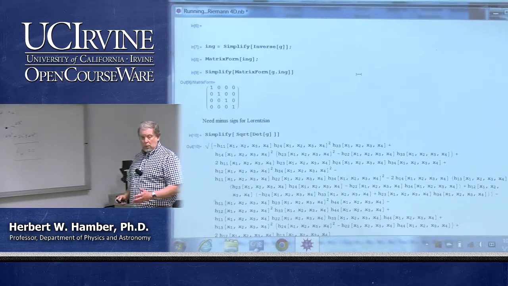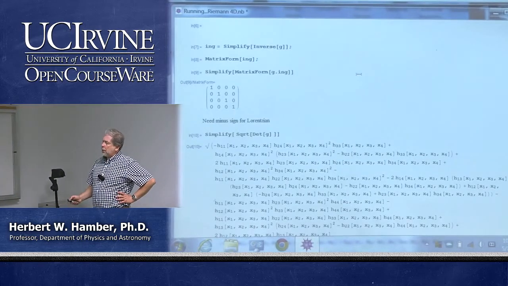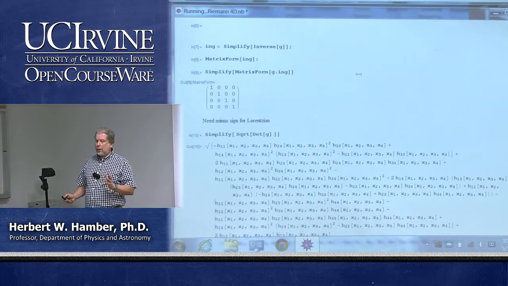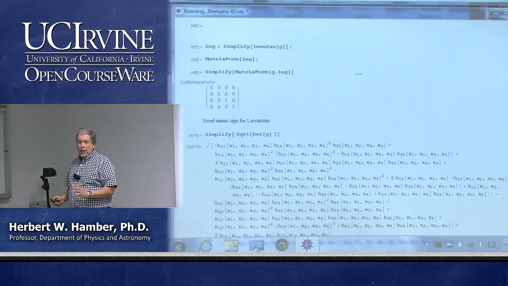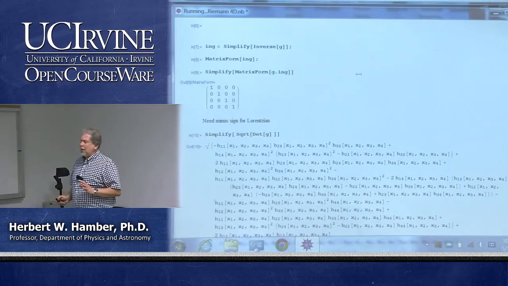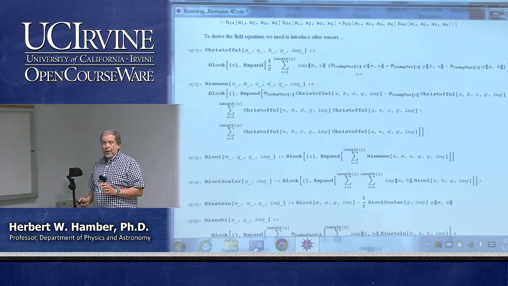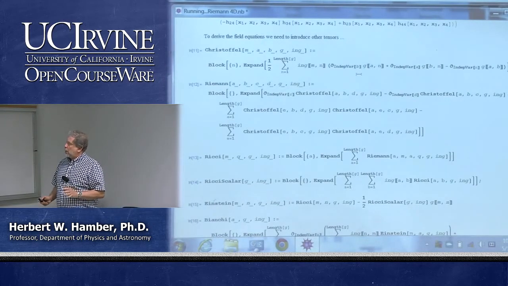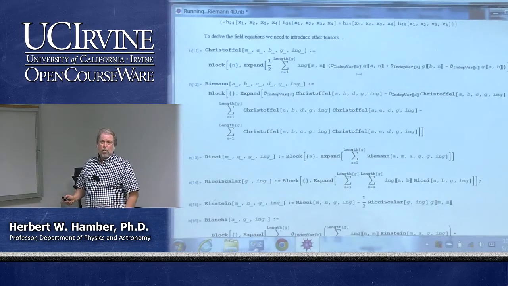So one of the things that you can calculate is the determinant of this metric. And already when you calculate the determinant, you get quite a few terms, right? And we haven't even started to calculate components of the affine connection or any of that. So that comes here, and this is the definition we use, which is the same as the one we employed in class.